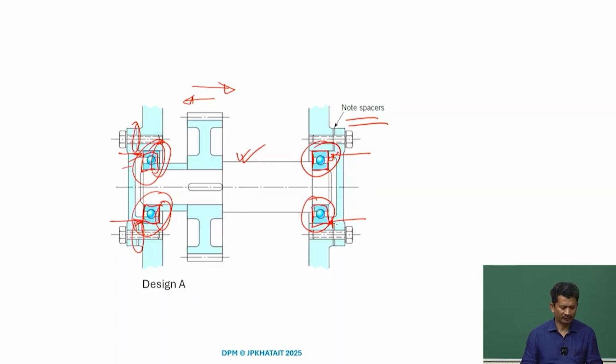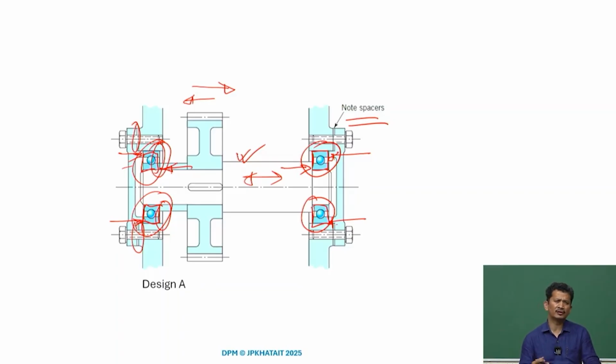On the other hand, if there is any kind of thermal expansion or contraction, since it is locked from both ends, if it tries to expand, there is no room to expand. So, again it will apply a lot of load on the inner side, and again this will dislodge the bearing.